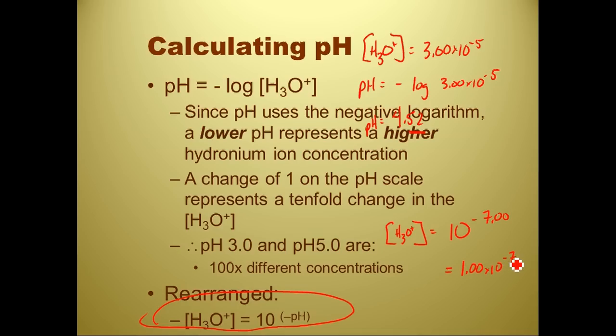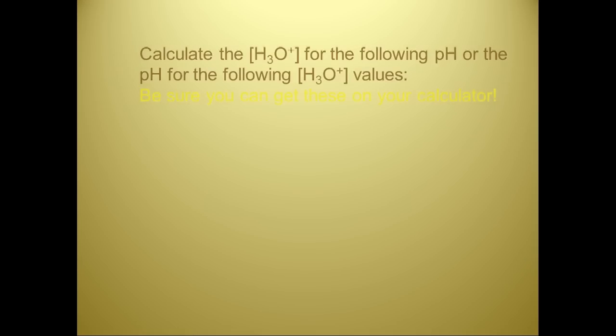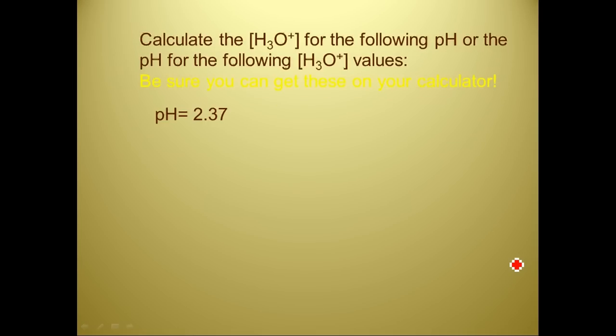Okay. Now, for the purpose of checking to see that you've got these things right in your calculator, do a pH. You've got a pH of 2.37. Figure out what the hydronium ion concentration is. Hydronium ion concentration should be calculated as 10 to the -2.37 power. Okay.